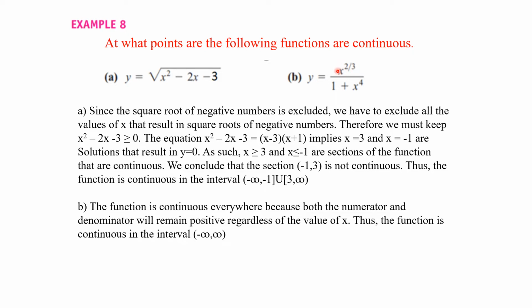Even though we might get x cubed to be a negative number, we have to square that. So since the numerator and the denominator will always be positive regardless of the value of x, then the function is continuous everywhere.